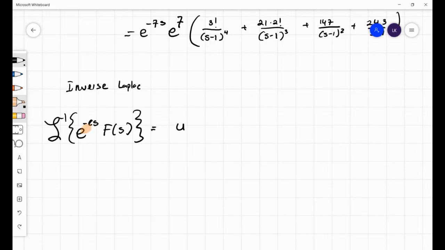So this exponential in the s domain is going to correspond to a step function in the time domain. And here we just find the inverse Laplace of F, but then we evaluate it at t minus c. Sometimes this is written as little f corresponding to the inverse Laplace of big F, but then we replace t with t minus c.